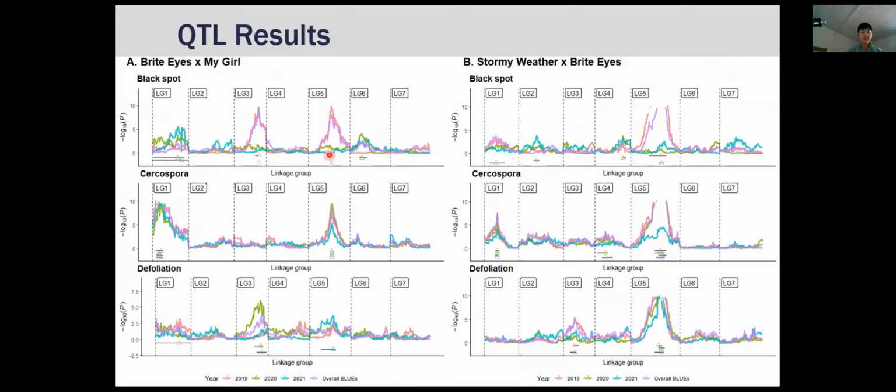You see there's overlap between the peaks of black spot, cercospora, and defoliation. Over here is overlap between black spot, cercospora, and defoliation, kind of the same story that we saw in the diploids on linkage group 3 earlier. And then we see that cercospora consistently has this QTL on linkage group 1 in both populations.